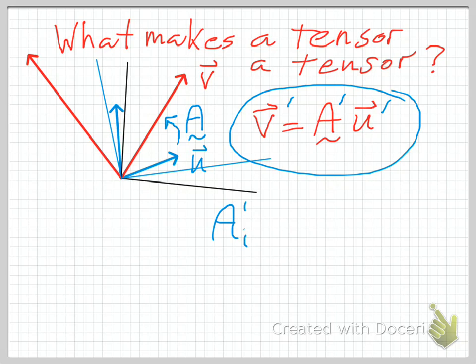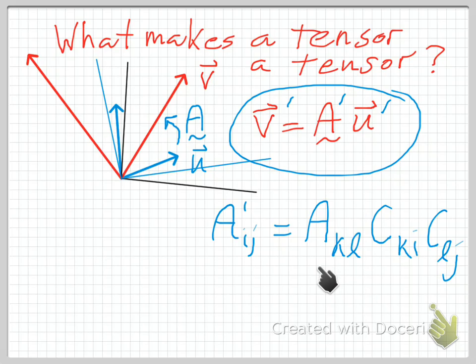Its transformed form, A prime ij, has to be its original form, A, say, KL, times the rotation matrix C, K, I, C, L, J. Okay, so if you want to prove that something is a tensor, you can do it mathematically using this expression right here, or you can do it by showing directly that it works in any coordinate system.